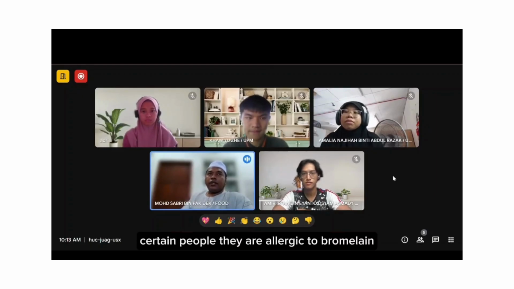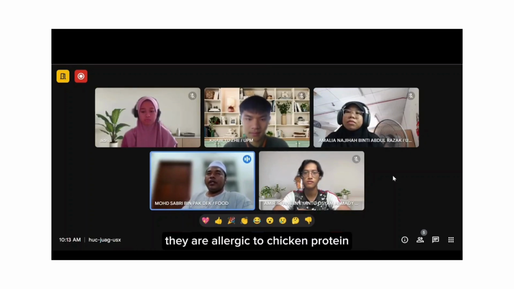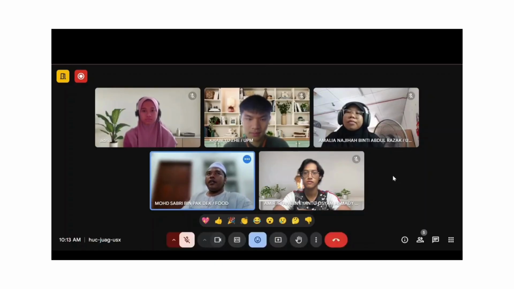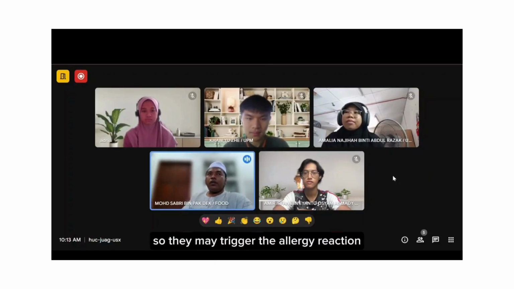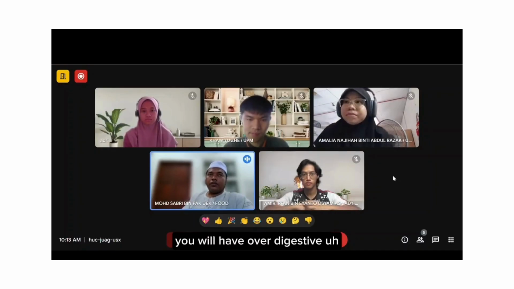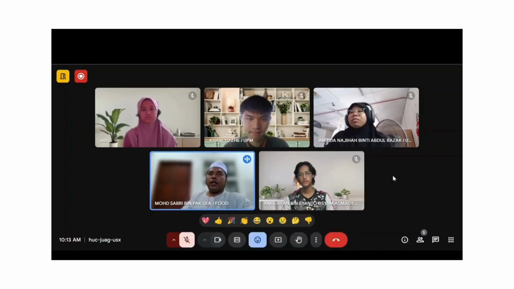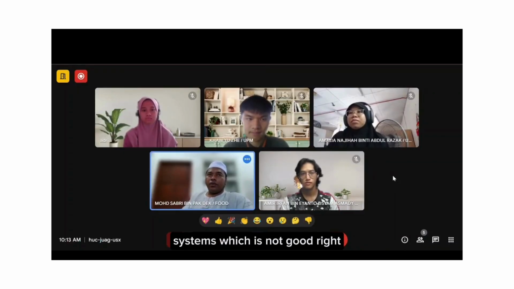Certain people are allergic to bromelain, like they are allergic to other proteins as well. Chicken protein, some people are allergic to chicken protein, fish, seafood, right? Same for bromelain because it's a protein. So it may trigger an allergic reaction. Secondly, if you take it too long, you will have an over-digestive system, which is not good, right?